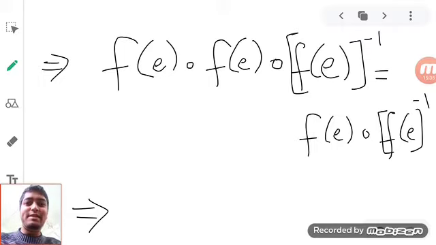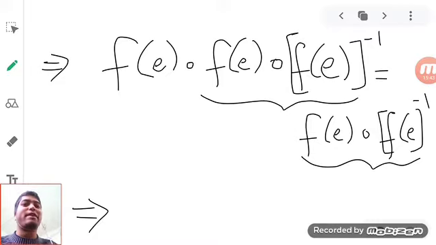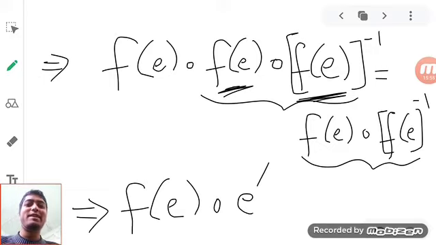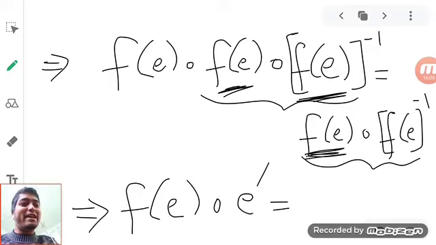Because G dash is a group, you can combine this one and this one first. An element times its inverse in G dash gives you the identity. An element times its inverse in any group will be equal to the identity. The identity of G dash is E dash, so we are having E dash. Similarly over here we are having an element times its inverse, so we will be having the identity E dash.